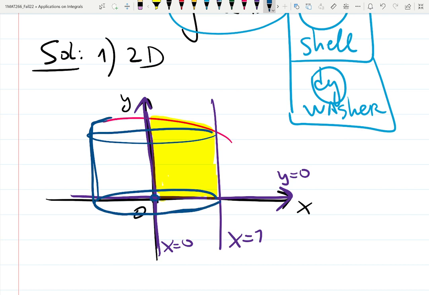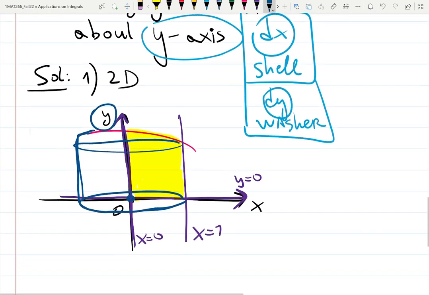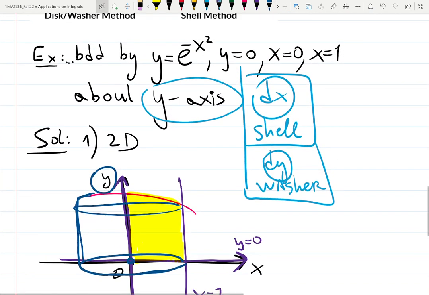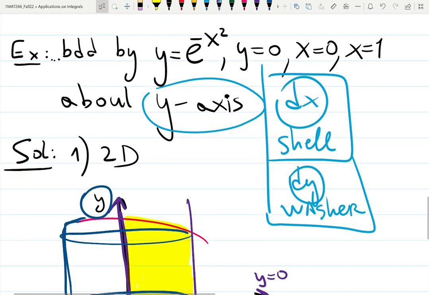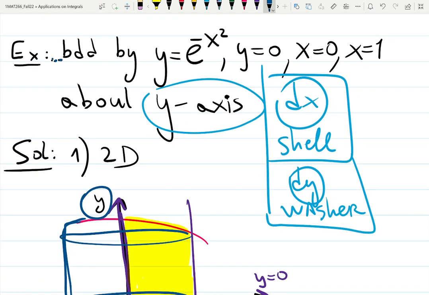See, very interesting. I got the rotation about the y-axis, so I would like to use dy. Now, if I'm using the dy case, and that's why I don't want to claim it first, what is the problem? Who can notice? If I'm using the dy case, your integral should be in terms of dy, and then what do you plug in?